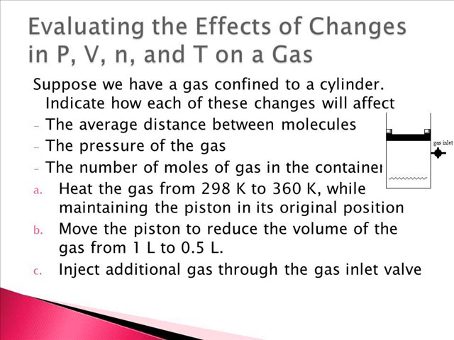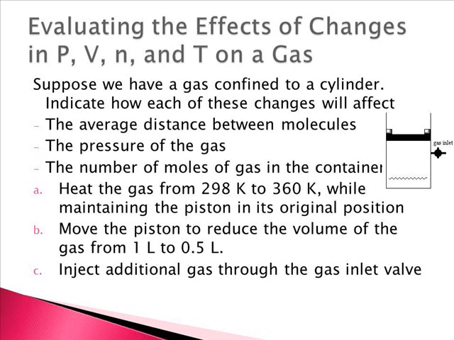Okay? For part B, if we reduce the volume of the container from 1 liter to half a liter, so we squeeze it down, how does that change the distance between the molecules? Well, if we're giving them less space to move around in, we're going to cut down the average space between them. Right? They're going to be closer together because we're packing them in. We're squeezing down, reducing the volume.